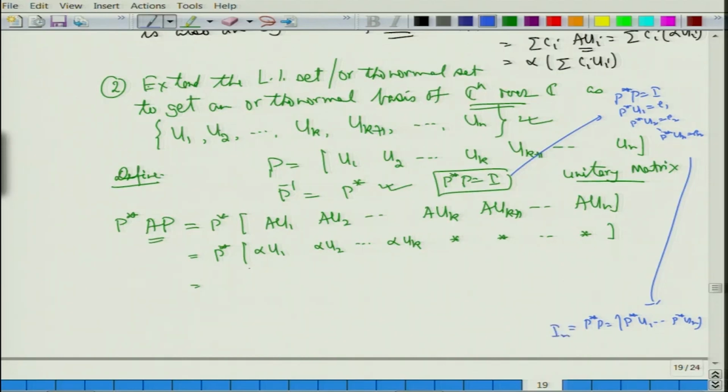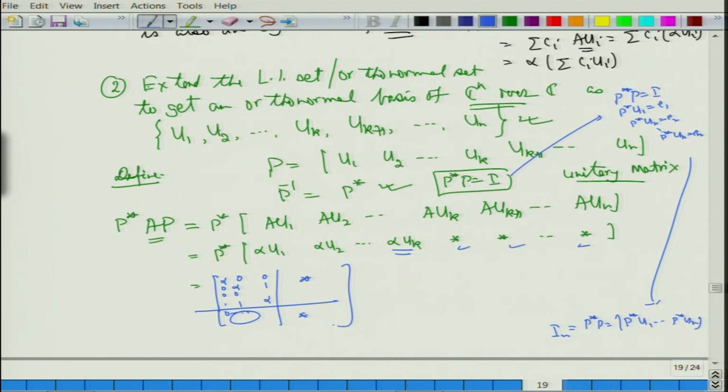So therefore what I will get here is, this will give me alpha 0 0 0, this will give me 0 alpha 0 like this. For alpha k again I will get 0 0 0 and alpha here. So this part will be 0. Fine. I do not know what the other parts are, so there will be some things here.